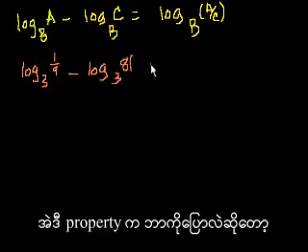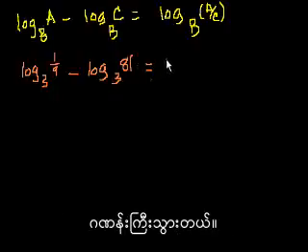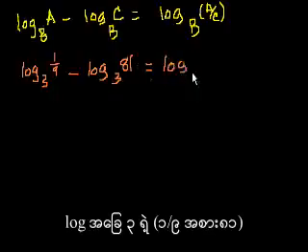So this property tells us that this is the same thing as log base 3 of 1/9 divided by 81.